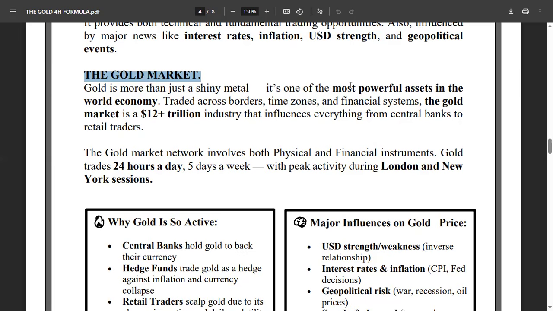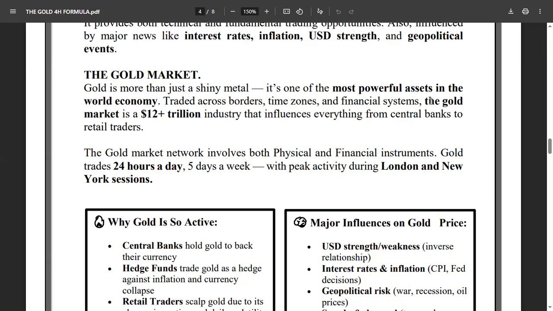Most of the countries have gold reserves, and we use those reserves to fund projects and different infrastructures. We also use gold to borrow money and to preserve the currency of a country. So it is the most powerful asset.